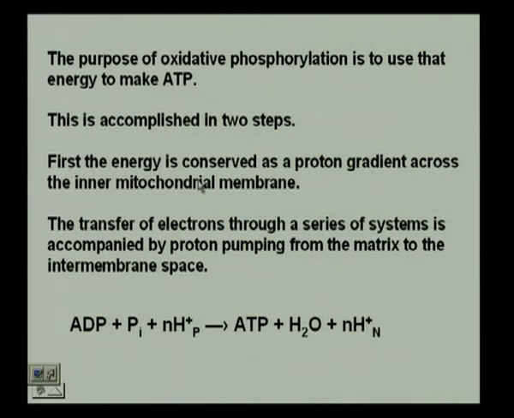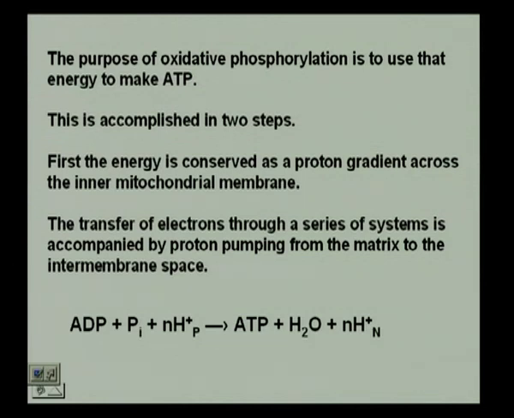First, the energy is conserved as a proton gradient across the inner mitochondrial membrane. This proton gradient creates a proton motive force, which we talked about last time in terms of free energy: there is a membrane potential and also a pH gradient from the inside to the outside. Why?